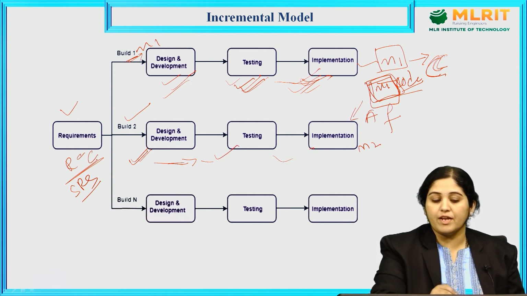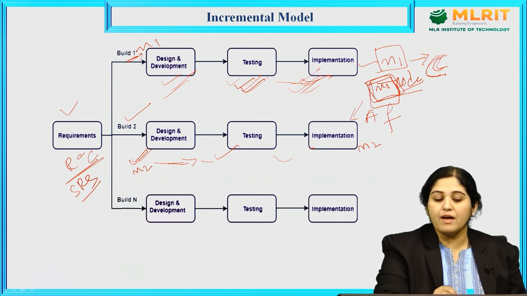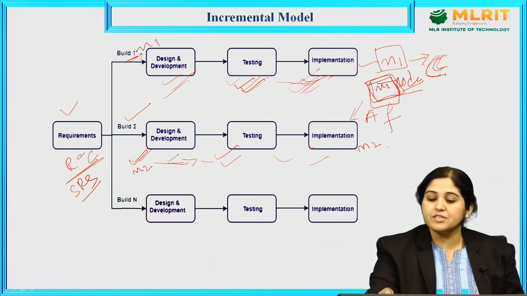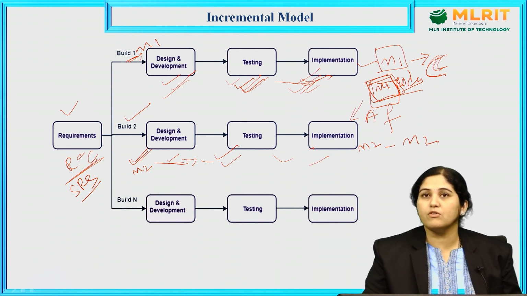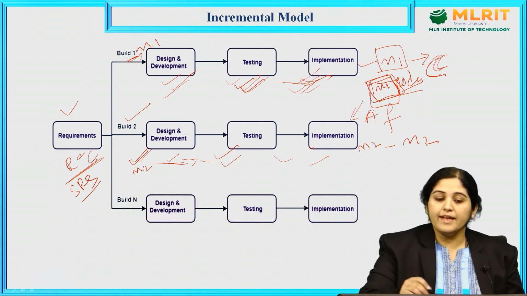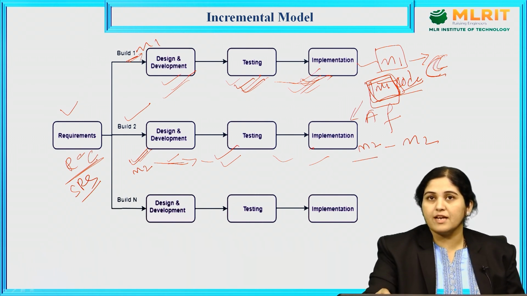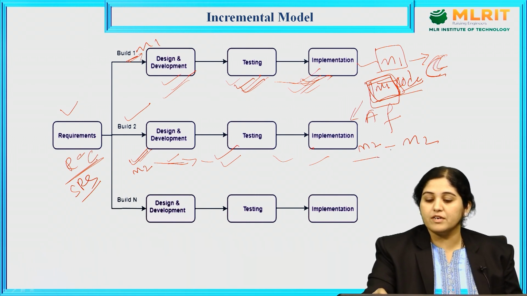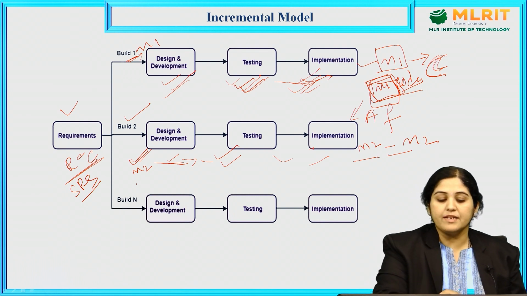Each time whenever we are developing modules, every module should pass through design and development, testing and implementation, and only then are we going to release the module to the customer. Again, if any feature has to be added or removed, that will be done in the next phase.